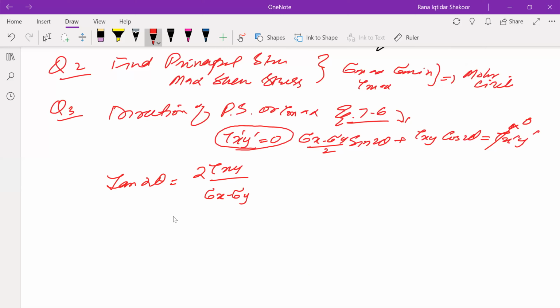This is the principal angle, tan 2 theta p.